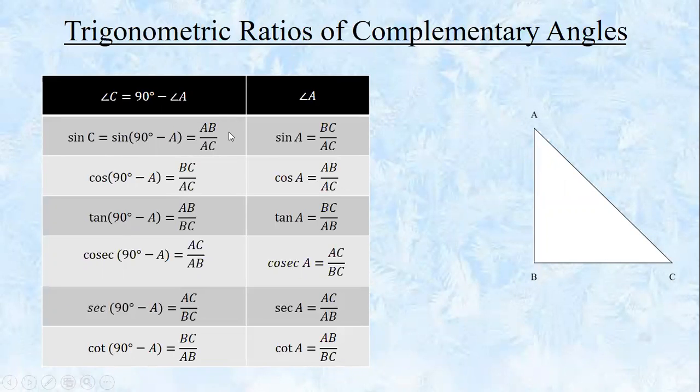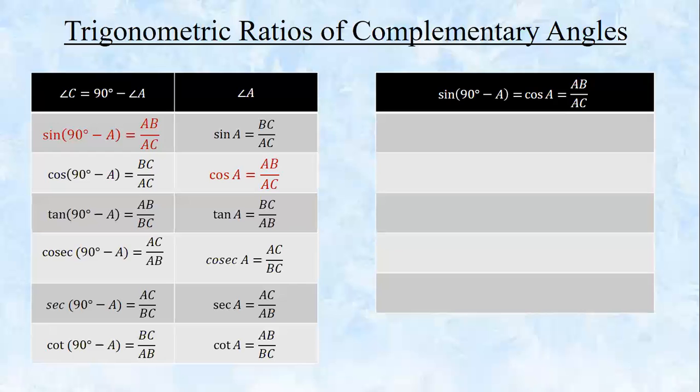which is the opposite side to angle C divided by the hypotenuse. Same way, we write all the values for the trigonometric ratios with respect to angle C. And then in the second column, we write all the formulas again with respect to angle A. Now, when we compare these two columns, we find that sin 90 minus A is AB by AC and cos A is also AB by AC.